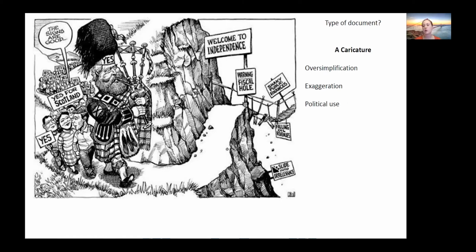It uses oversimplified characteristics and the exaggeration of others. Caricatures have been used in politics for entertainment, but also to deliver a specific message. And we'll see what the message is as we go on with our analysis.